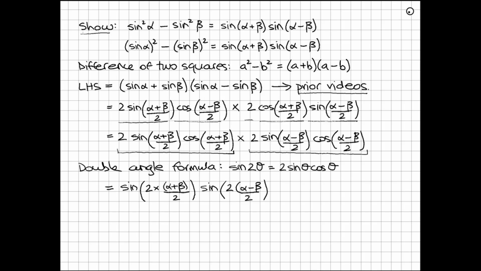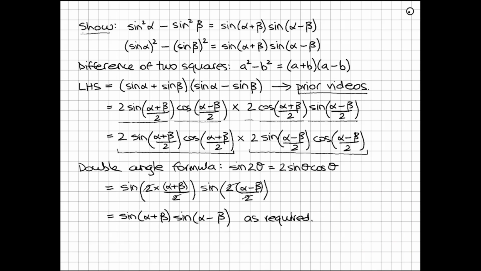Now, these 2's can cancel, so we simply get left with the sine of alpha plus beta times the sine of alpha minus beta. And that is exactly what we were being asked to show, as required.